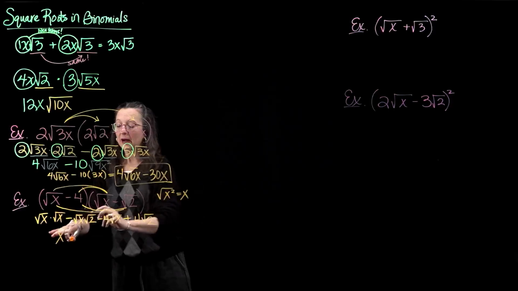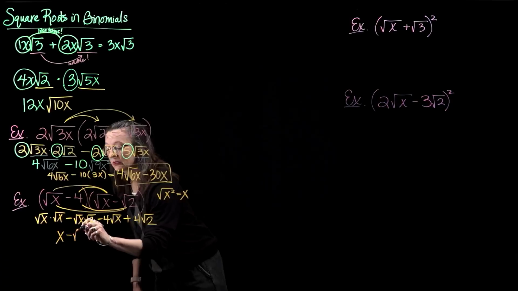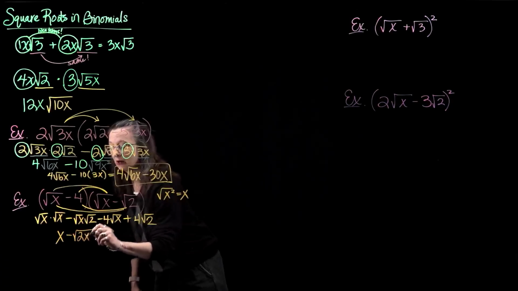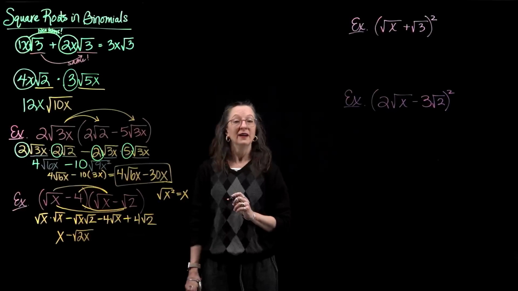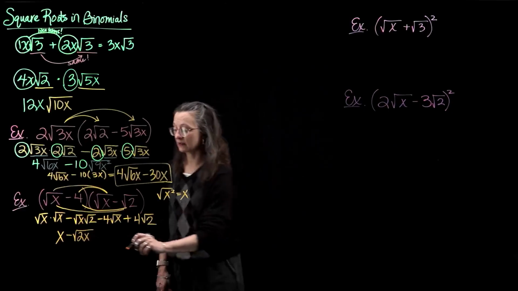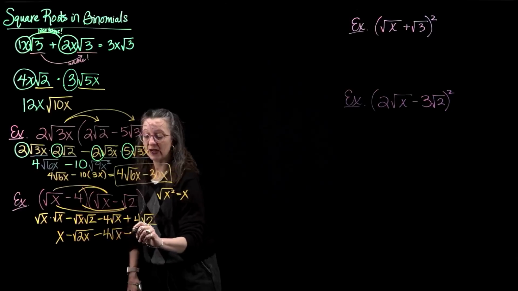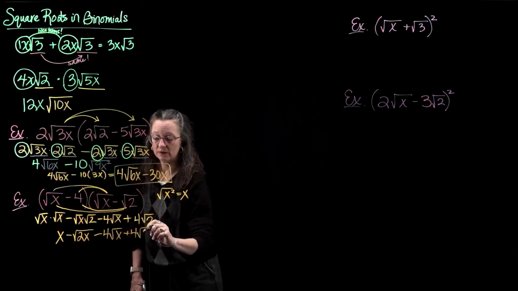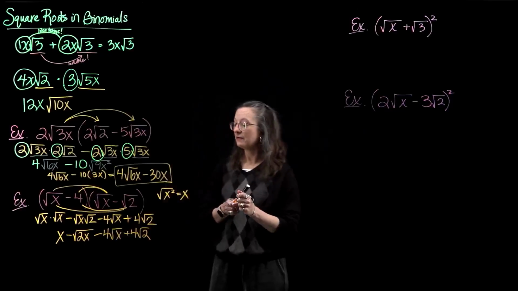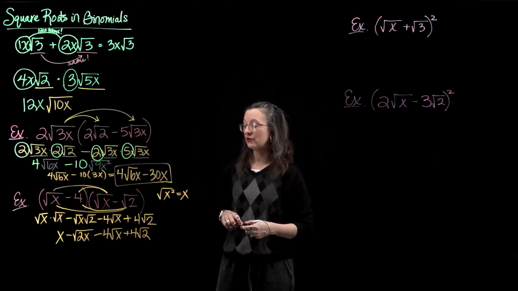All right, then I have a minus square root of x times square root of 2. Remember that those get combined together because they are square roots being multiplied. So I have a minus square root of 2x minus 4 square root of x. There is nothing we can do to simplify that. And then plus 4 square root of 2.